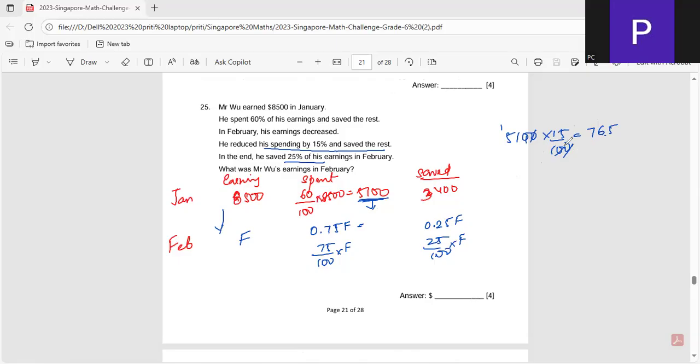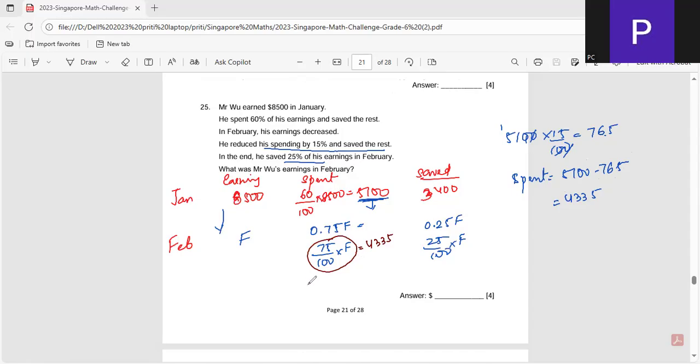So 15% was reduced. So how much had he spent? 5,100 minus 765 is equal to 4,335. So now his spending was 4,335.